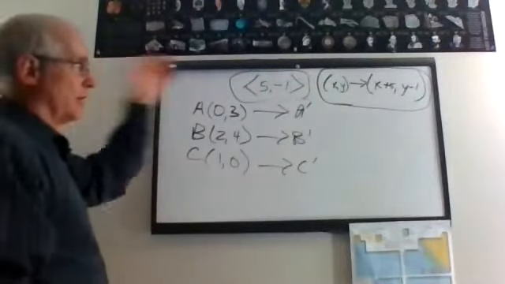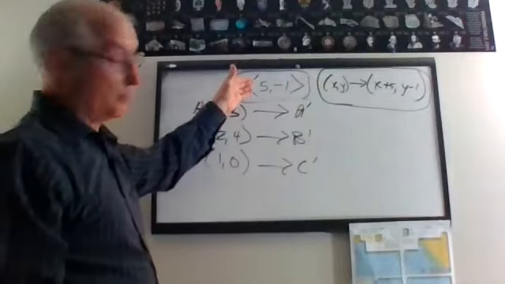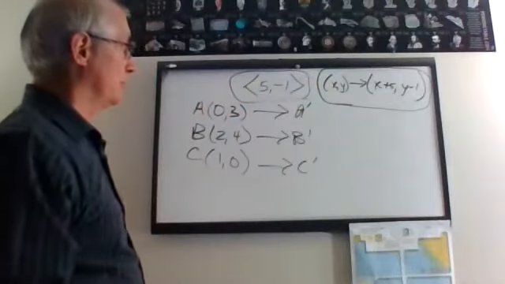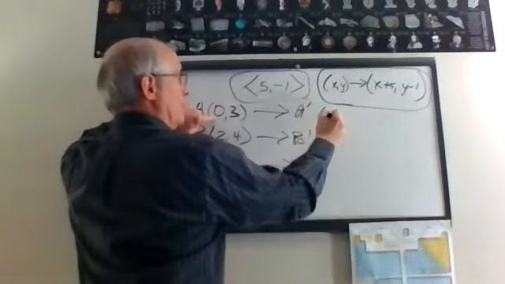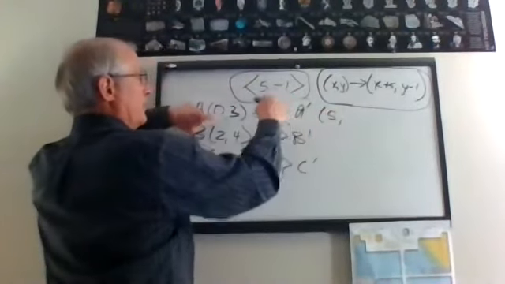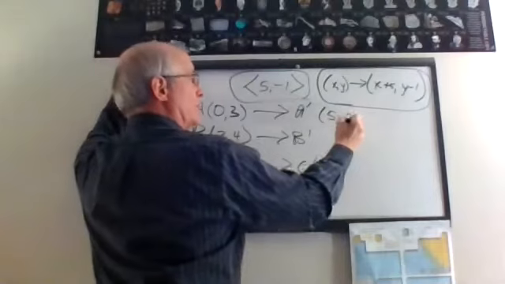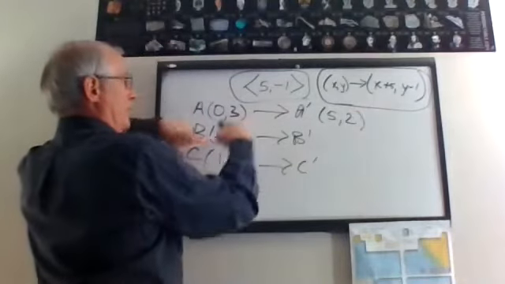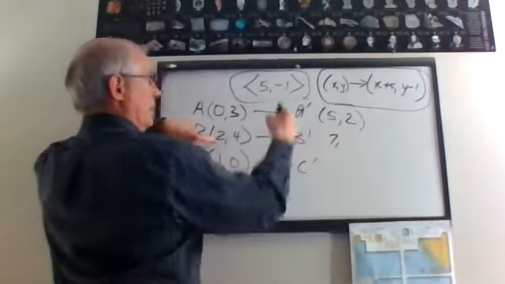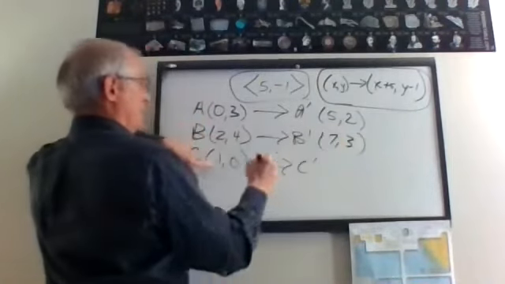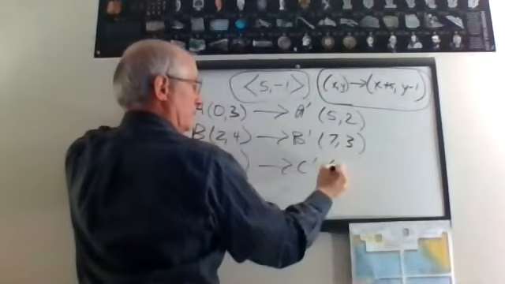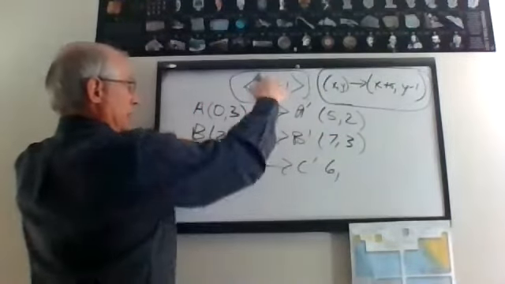Different notation. We're talking about vectors. The vector applies to every one of those 3 points. So let's go ahead and do it. Apply a 5 to the 0 and you get a 5. Apply a -1 to the 3 and you get 3 minus 1 is 2. And that would be 7. And that would be 4 minus 1 is 3. And this would be 6 and -1.